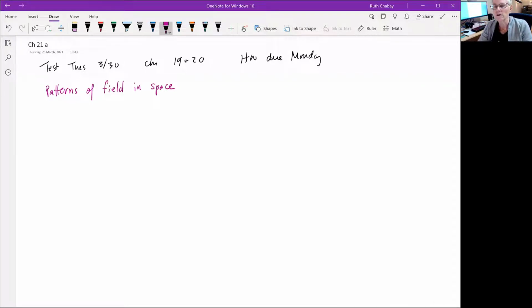What we're going to talk about now, reflecting on patterns of field in space, is actually going the other way. We observe patterns of field in space, and we deduce the source charge distribution that made them.